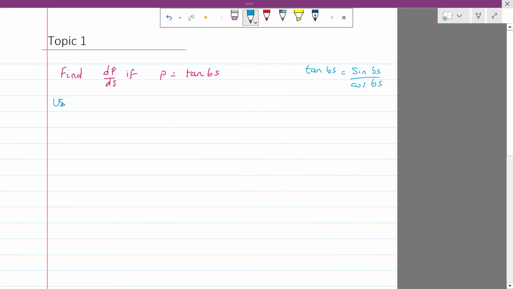So then we are going to use the quotient rule of differentiation. So for dp by ds, I'm going to take this as u, this one as v. So this one will become v du by ds. This is the v. Du by ds, I'm going to multiply it by cos of bs.